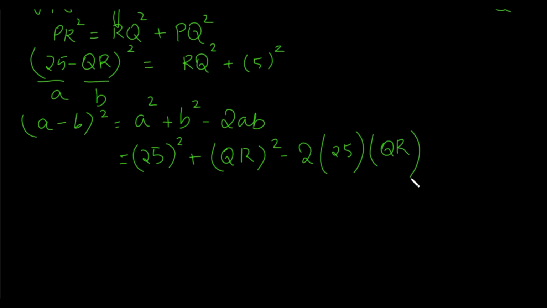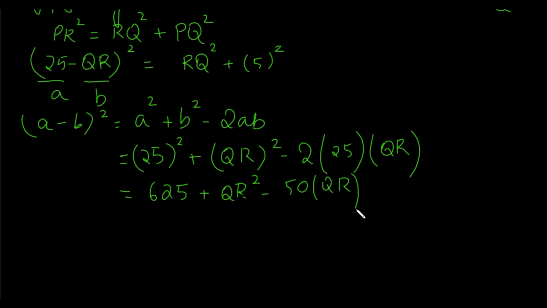So 25 square, as we know, it is 625 plus QR square minus 2 into 25 is 50 into QR.